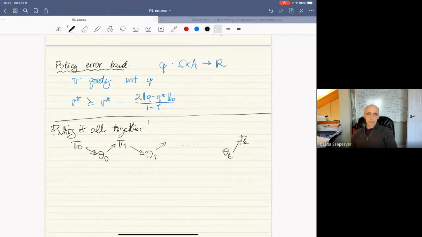For k steps, we ask about the value function of this policy that we get. Based on all these results, we can see how it goes. The value function is this big. We just have to plug in Q of k here.